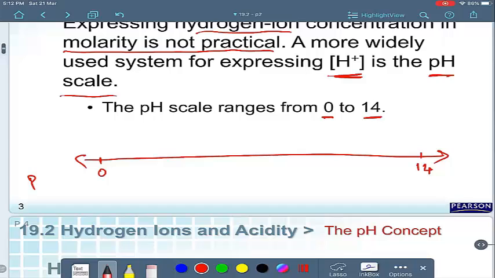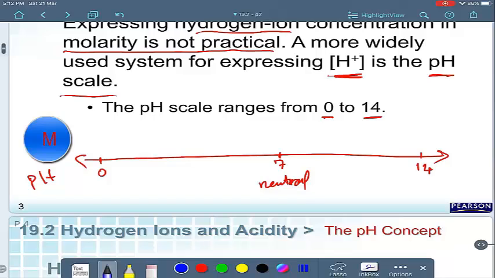This is pH. If the pH is 7, it means it's neutral. At neutral solution, the hydrogen concentration is 1 times 10 to the power of negative 7. If the solution has hydrogen and hydroxide, the product is 1 times 10 to the power of negative 14.